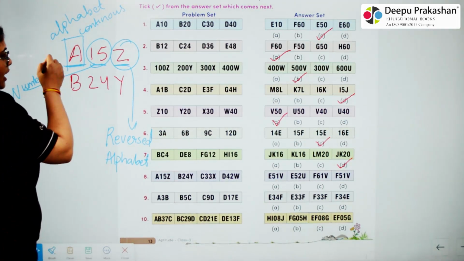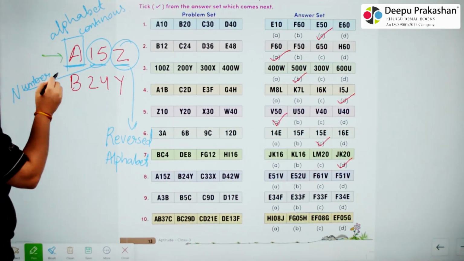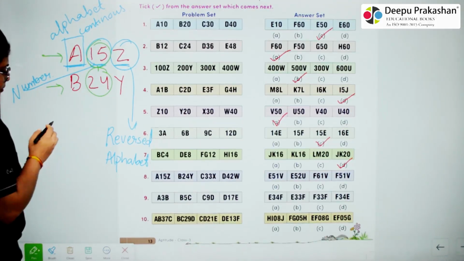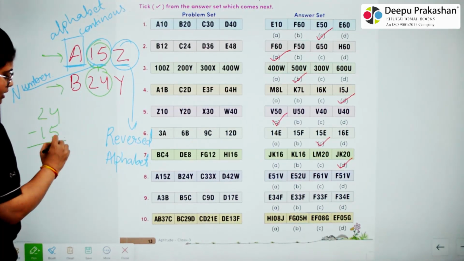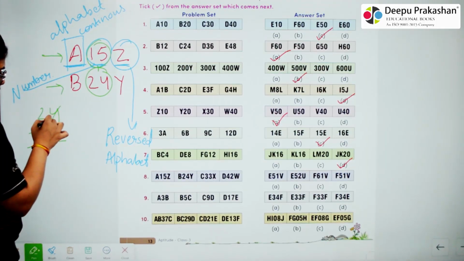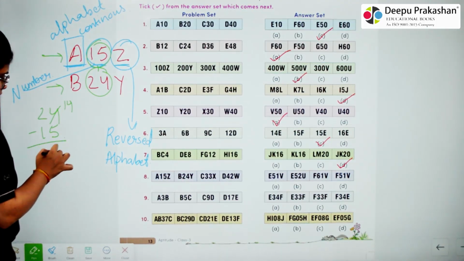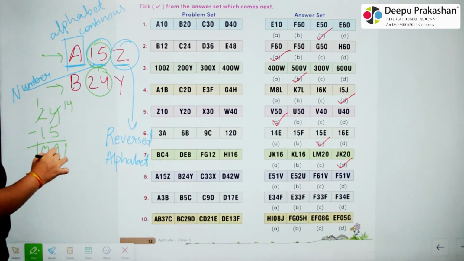And if we look at the numbers present in these pairs, we can easily find the difference between these two numbers, that is 9.